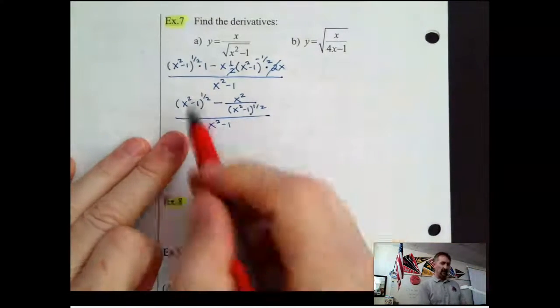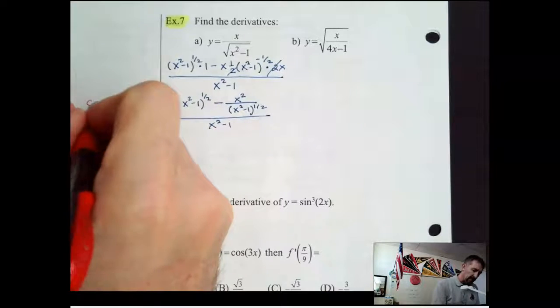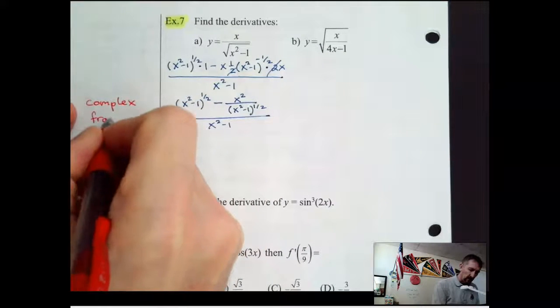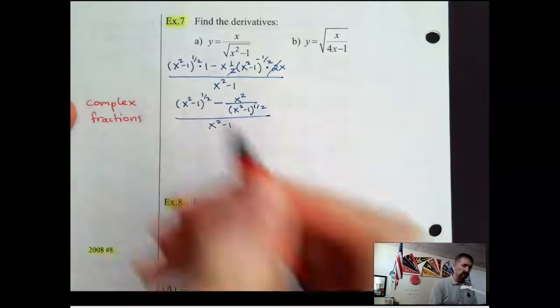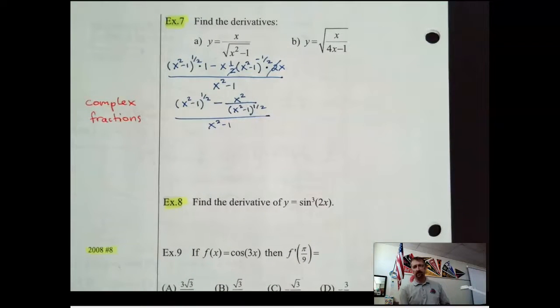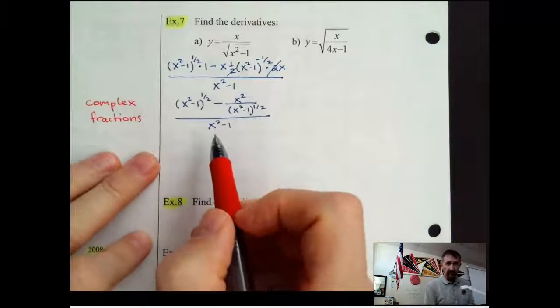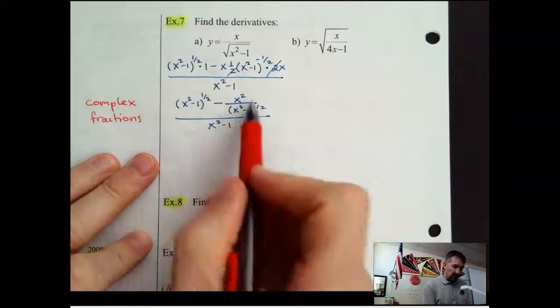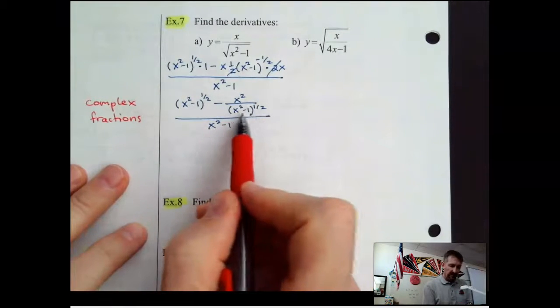So this is a complex fraction. Again, that's why your honors geometry teacher tried to go over complex fractions with you when we did midpoints with fractions in them. Okay, so most of you. I want to clear the fraction, so I'm going to multiply by the common denominator.